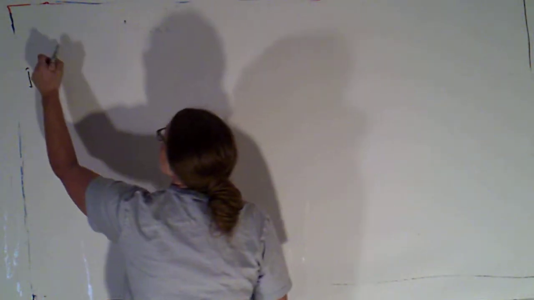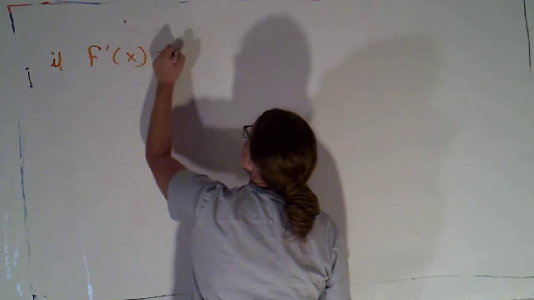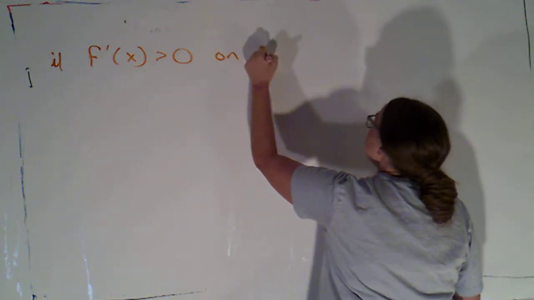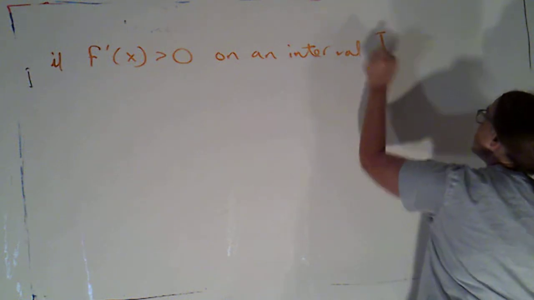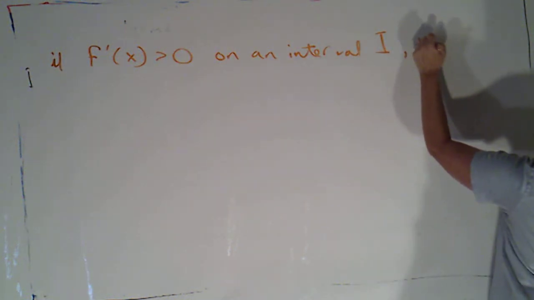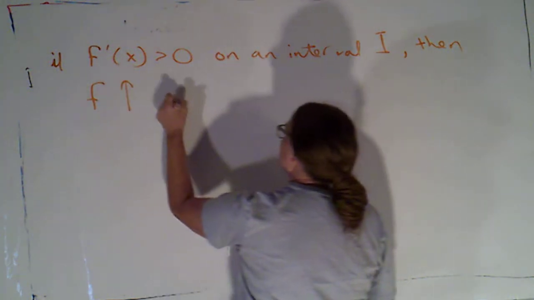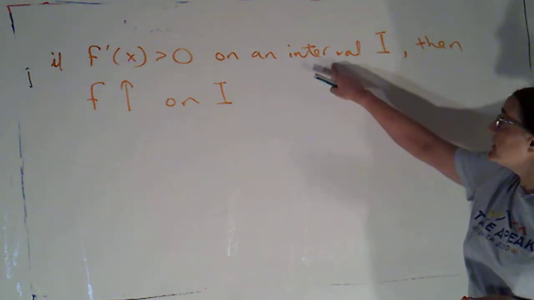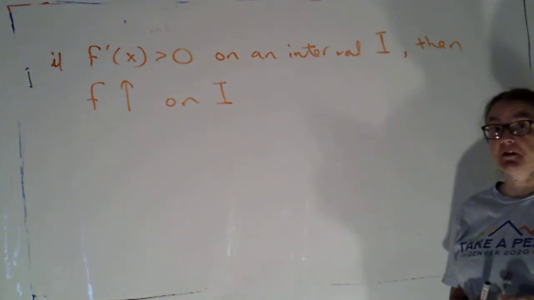So, we can say if f prime of x is bigger than 0, meaning it's positive, on an interval I, then f is increasing on that interval I. And again, it does not matter whether that's an open interval or a closed interval.